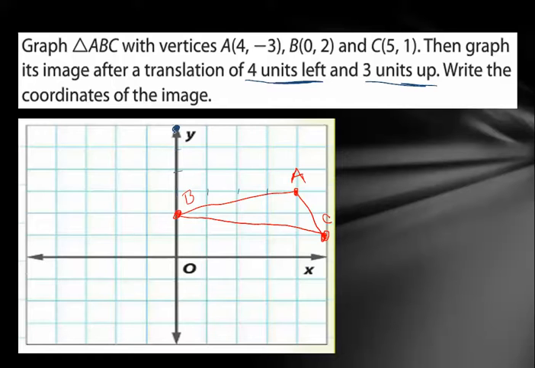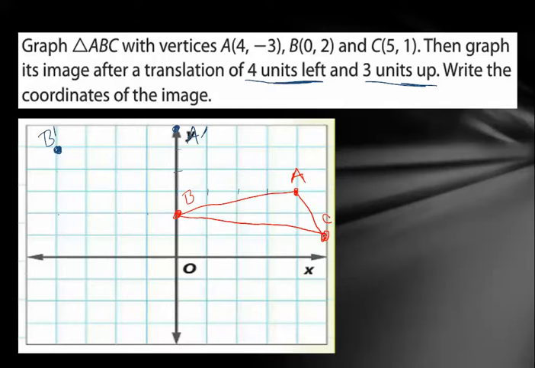So this is where our new A prime is going to be. I have to do the same thing with B. Go 4 units left: 1, 2, 3, 4, and 3 units up: 1, 2, 3. So this will be where my B prime is.